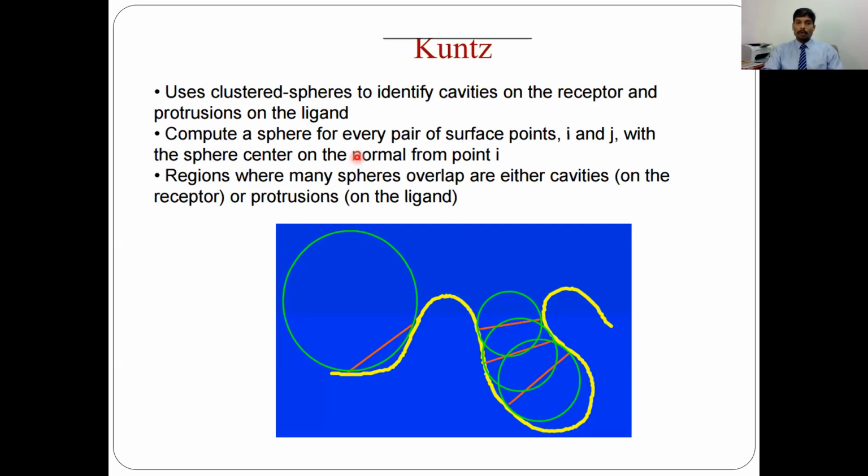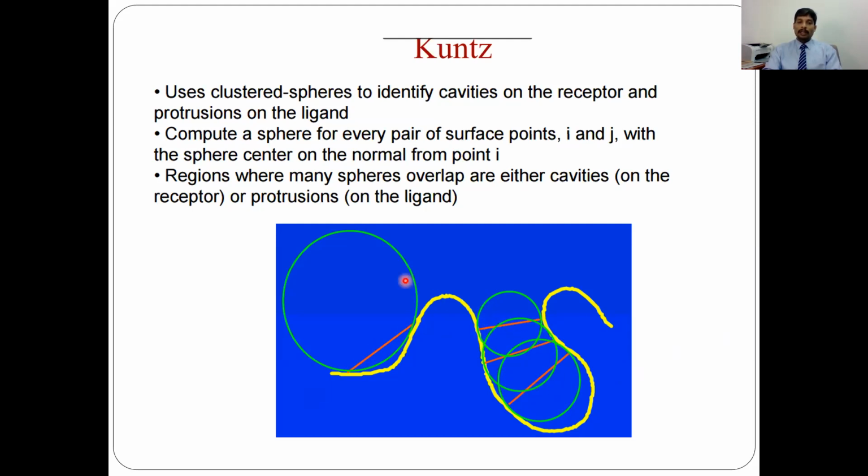Another one is Coons. It will first roll big circles and try to understand whether the two corners of the circle are actually attaching to the protein or not. When it goes into a groove, it will roll smaller circles, so that both ends need to be attached to two different surfaces of the protein.